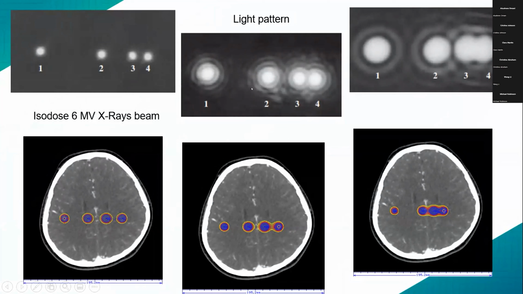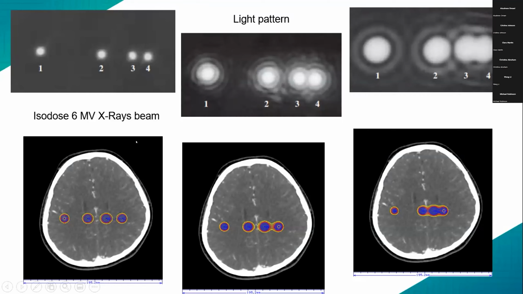But if the sources are together, we have diffraction patterns, and we can't differentiate between these two sources. And if the sources are closer, more together, we can differentiate between these two sources, and this other is very, very close. Okay, this is it for light.